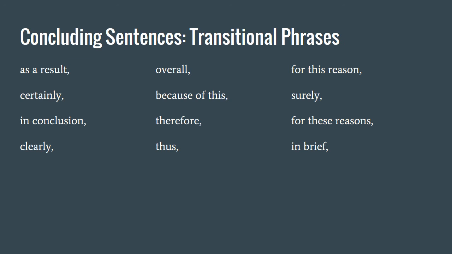Also, I want you to notice with these phrases that there is a comma placed at the end, and when you place it at the beginning of the sentence, you need to keep that comma there. So let's read through these. As a result, overall, for this reason, certainly, because of this, surely, in conclusion, therefore, for these reasons, clearly, thus, in brief.